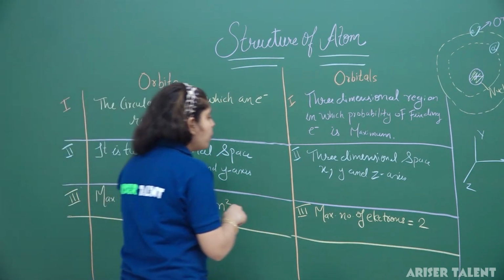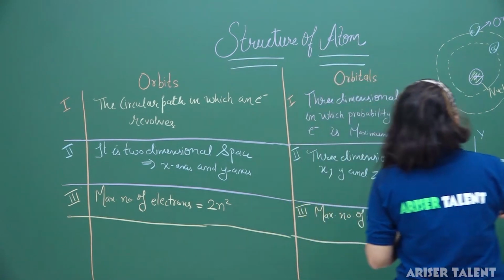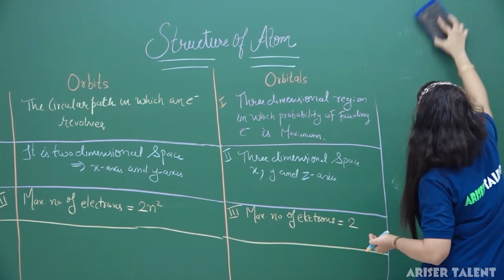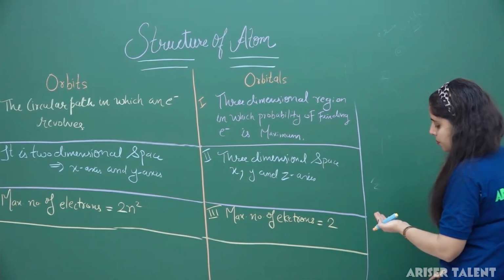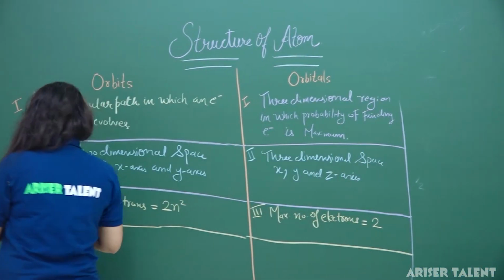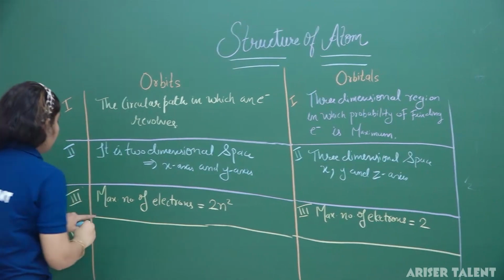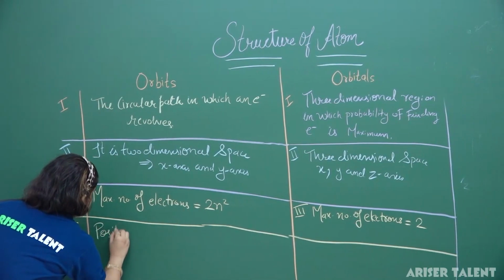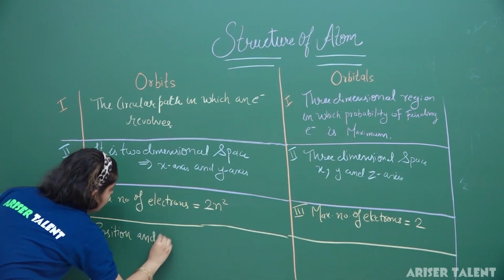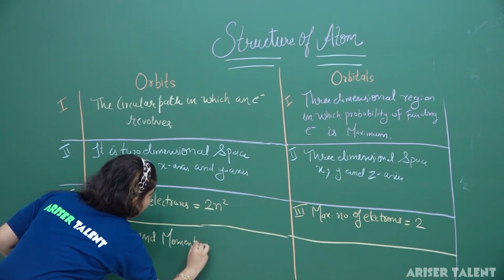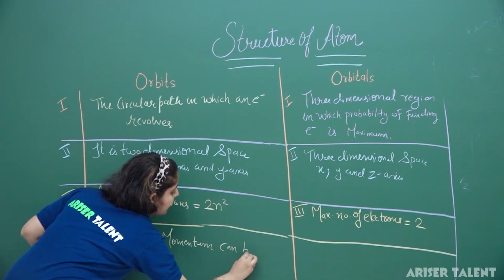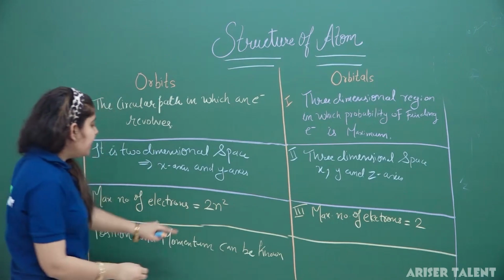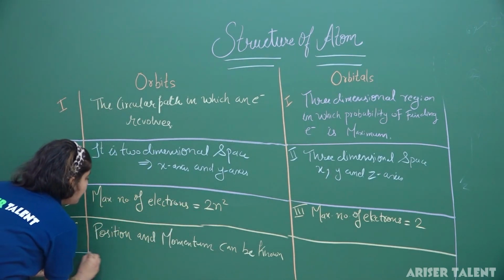So the fourth differentiation term is that the position and momentum of an electron can be known. But in case of an orbital, the position and momentum cannot be identified.